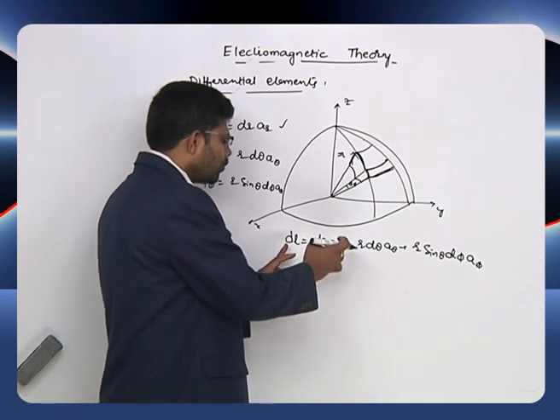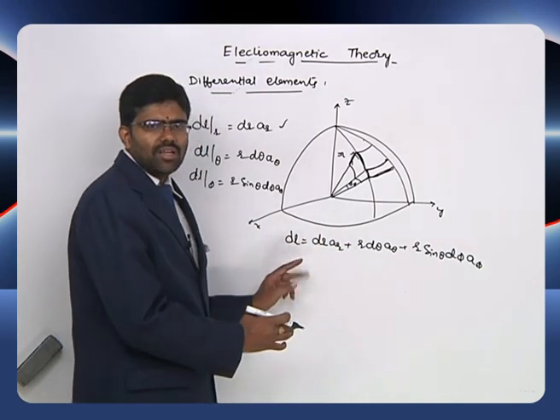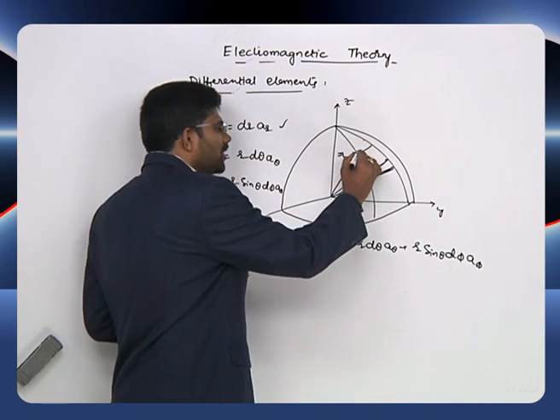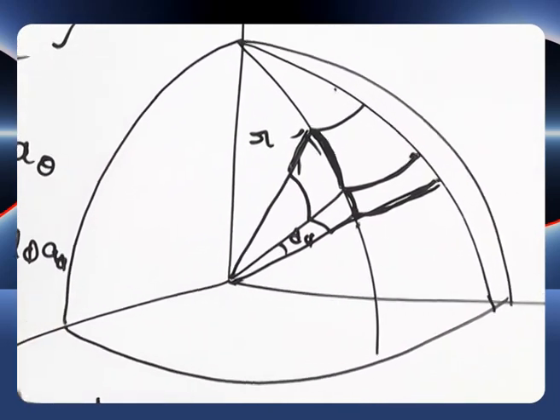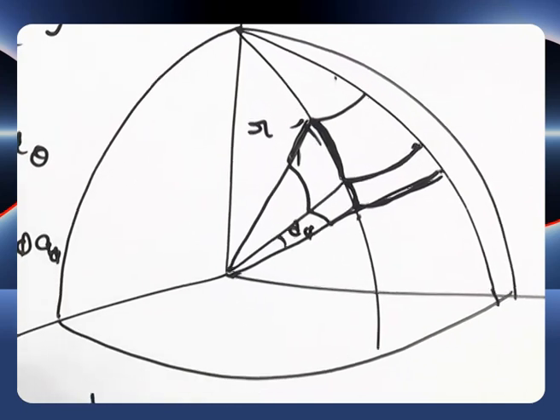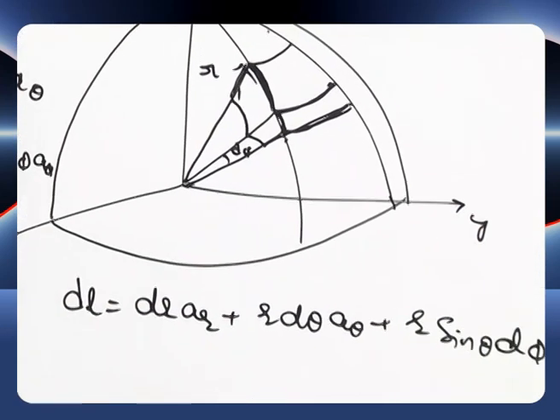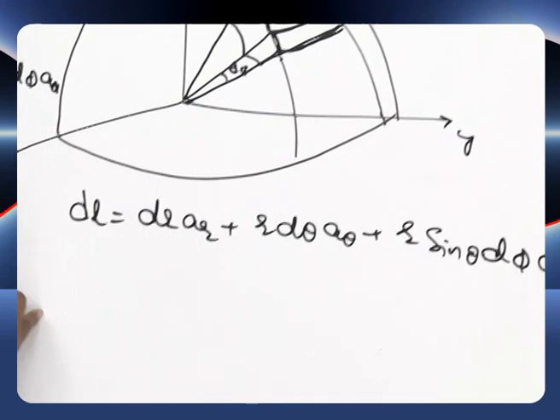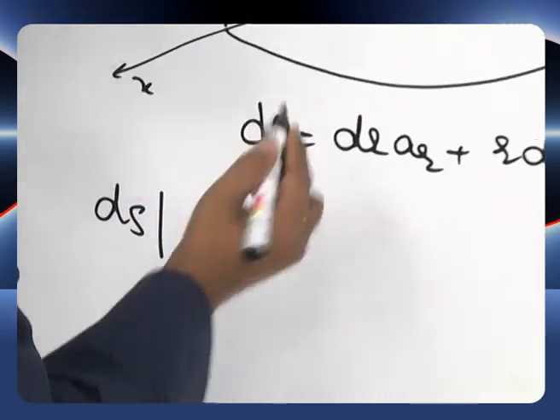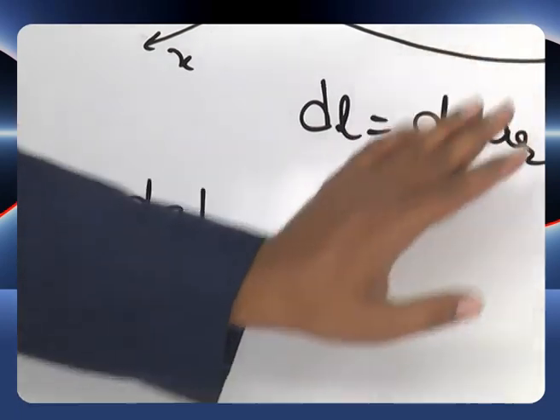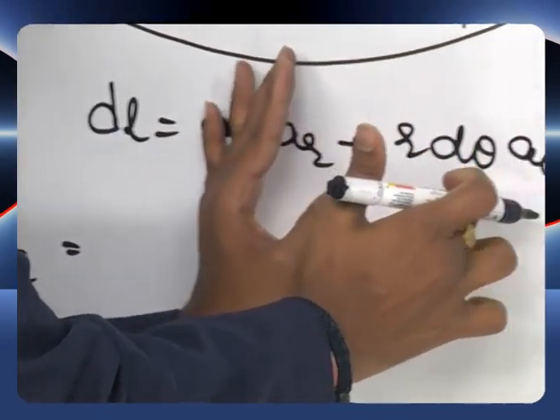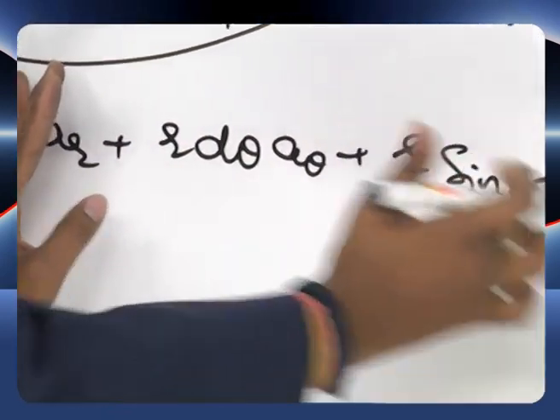Once again we will use the shortcut method: instead of taking the differential lengths and multiplying them, if you want a differential surface in a particular direction, you can obtain it directly from the differential length. As an example, I will take the differential surface in the radial direction. Closing the r term, the components are r d theta and r sin theta d phi.